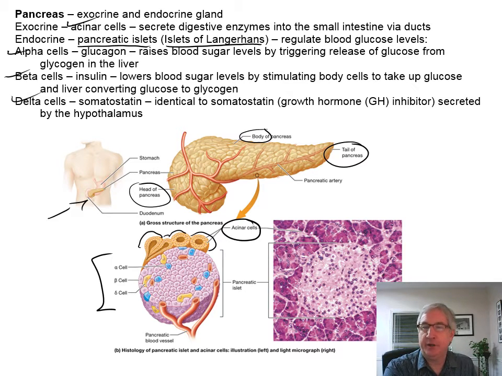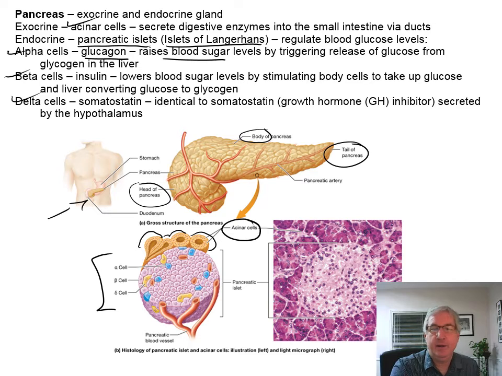These regulate blood glucose levels. Alpha cells make glucagon, which raises blood sugar levels. It triggers the release of glucose from glycogen in the liver. Your liver takes glucose and sticks it together in a chain to make glycogen, and glucagon triggers glycogen breakdown, so then you release glucose.